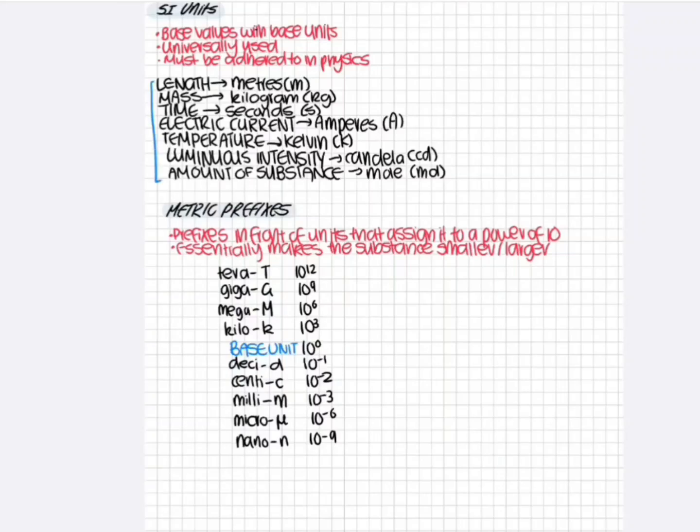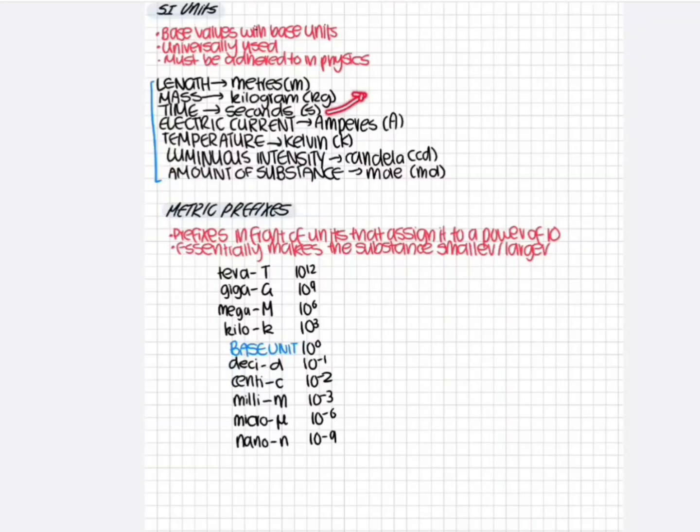Length, which is measured in meters, mass, which is measured in kilograms with the symbol kg, time in seconds with the symbol s, electric current in amperes with a capital letter A as its unit symbol, temperature in Kelvin with a unit symbol of K, luminous intensity, which is measured in candelas with a unit symbol of cd, and amount of substance, which is measured in moles with the symbol mol, which you'll see in chemistry. So, some important things to note before we move on.